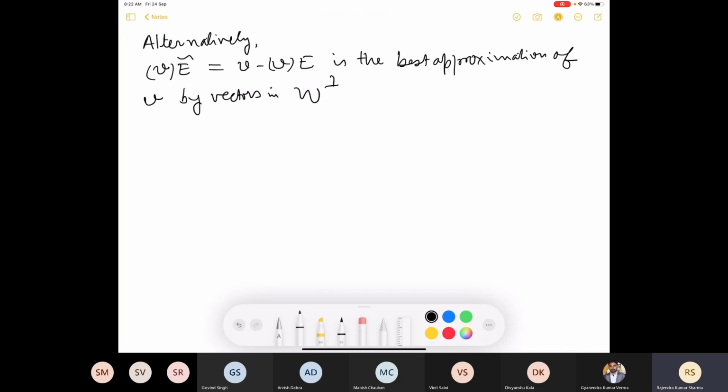Since VE tilde, and the inner product, this is the same as V minus VE with W, this is 0.